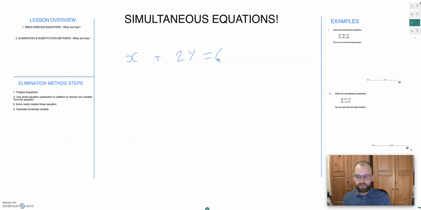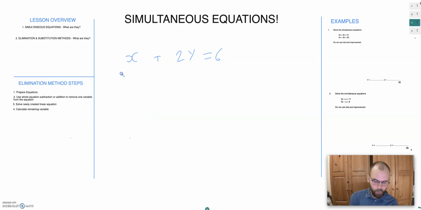So your job is to find out what x and what y is. But there's a problem, and the problem is that there's actually an infinite number of possibilities for what x and y could be. And I can show you this.